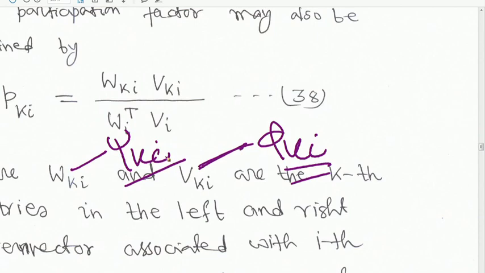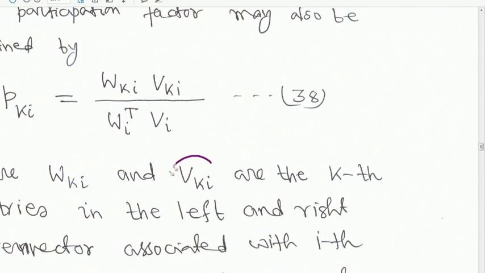The meaning is the same. As I have taken a different example, that is why I have changed this terminology. This is equation 38. Here v is nothing but phi, the right eigenvector, and w is nothing but psi, the left eigenvector.